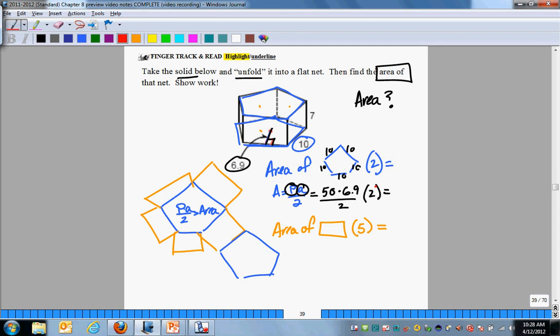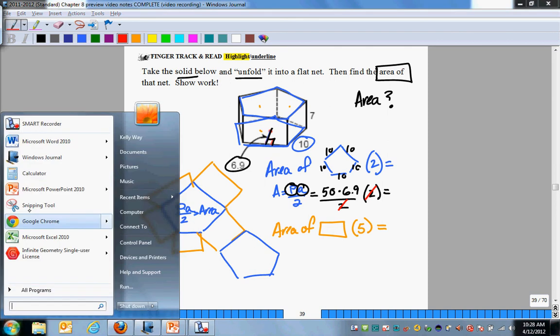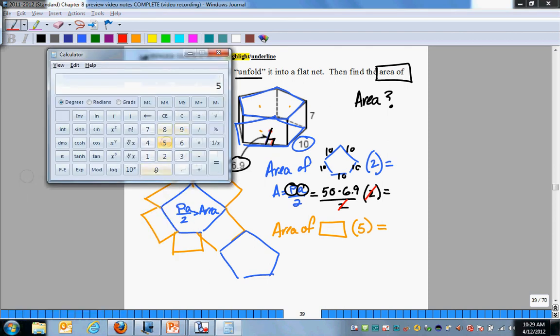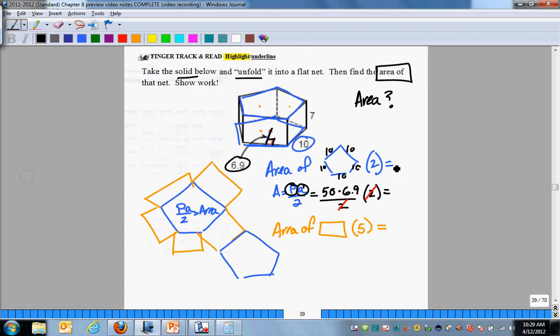So in this case, that actually cancels the 2 there. So we simply need to do 50 times 6.9. And we get 345. Check for units. We don't have any units, so I'm just going to say units squared.